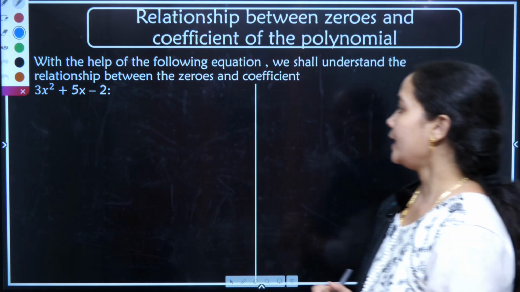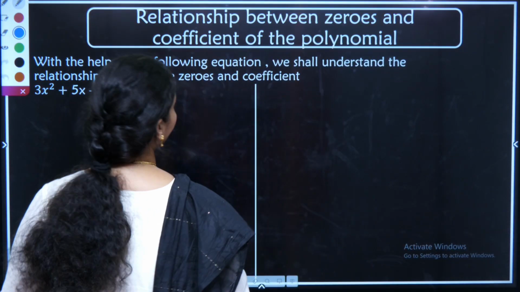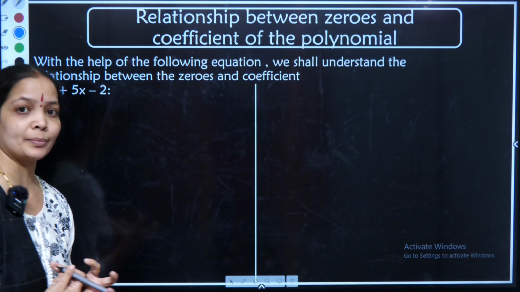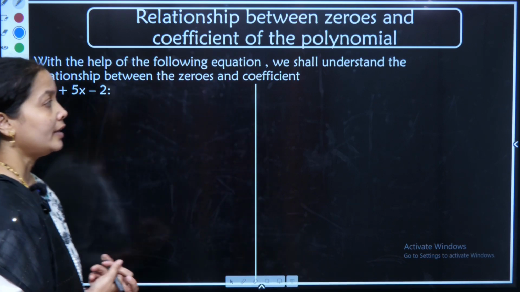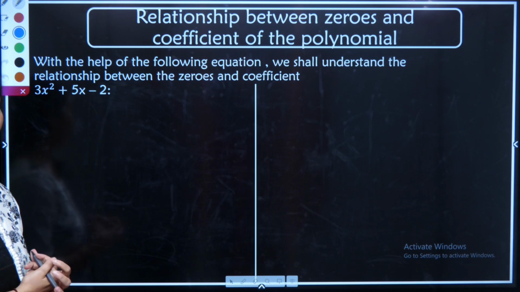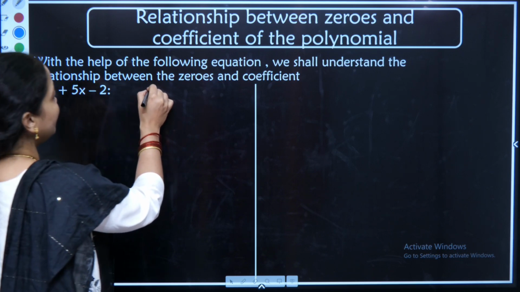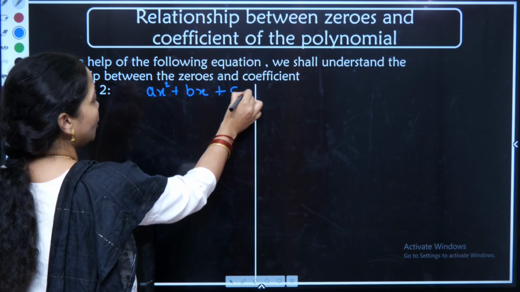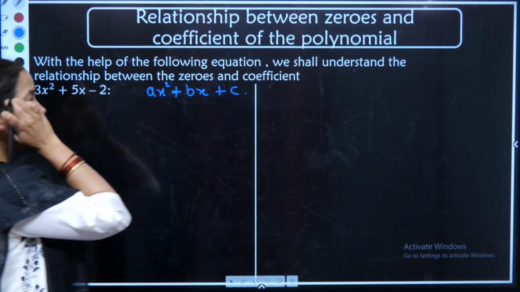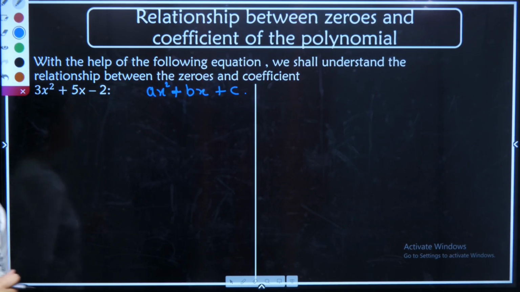In this slide, we will be learning about the relationship between zeros and coefficients of the polynomial. What do I mean by relationship between the zeros? Whenever I say a quadratic polynomial, the general form is ax square plus bx plus c. We all know this. By this time, your minds have to be adjusted to this equation.